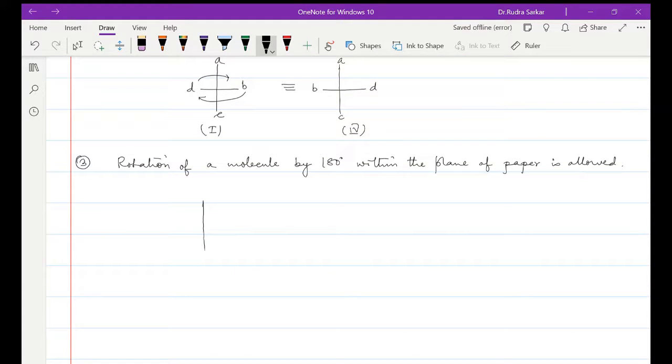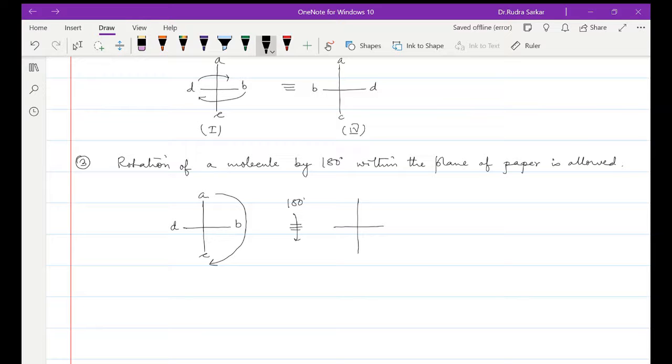As we can see over here, we have A, B, C and D. Now if I turn the whole molecule by 180 degrees, this is a 180-degree rotation within the plane of the paper.